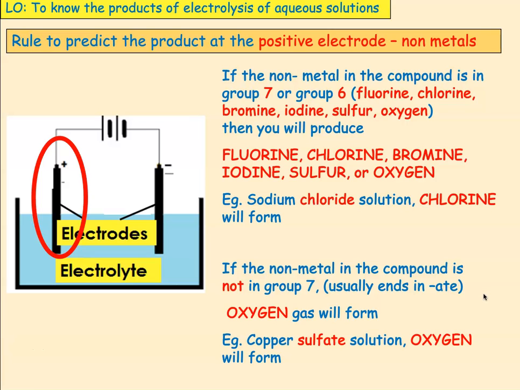So if I had sodium chloride, because I have a chloride ion present and it's from group 7, I would make chlorine. Now if the non-metal in the compound is not in group 7, and usually we're going to be looking at an ending of the ion -ate, which denotes oxygen is attached to another element, then oxygen will be formed. So the rule is it will usually be a group 7 element made, if that's present. If not, it will be oxygen.